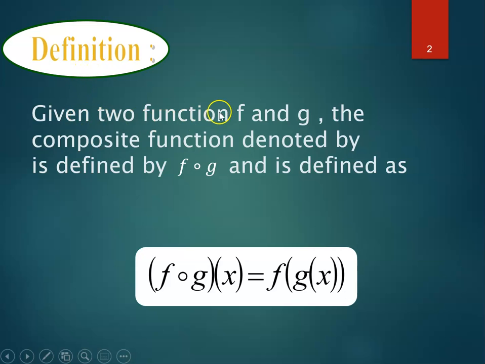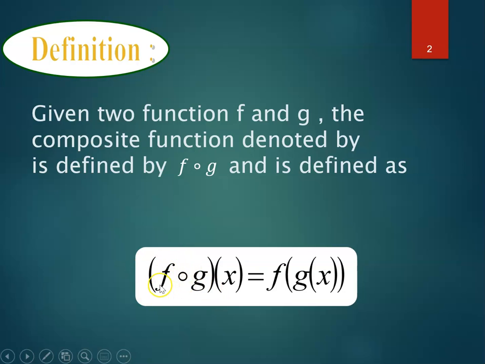Given two functions, f and g, the composite function denoted by f dot g is defined as this one.